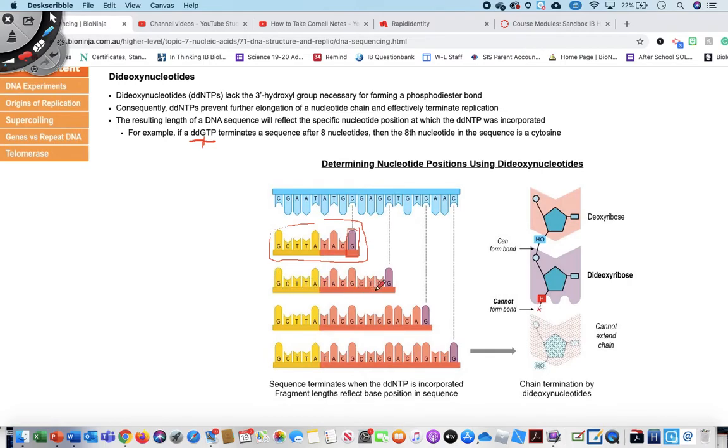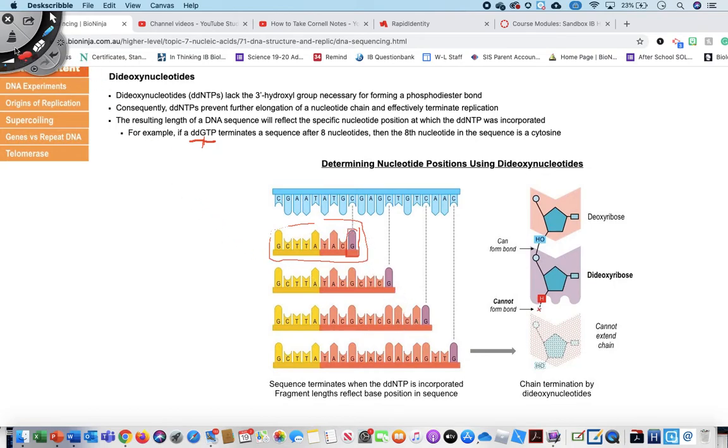Again, this fragment, which is a little bit longer, every time it stops, it's going to stop at a C. Again, this fragment, every time it stops, it's going to stop at a C. And the same thing here. So the sequence terminates when the ddNTP is incorporated, and the fragment lengths reflect the base position of the sequence. By adding these ddNTPs, I'm making these really short fragments.